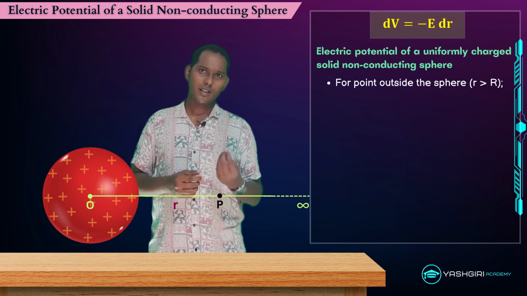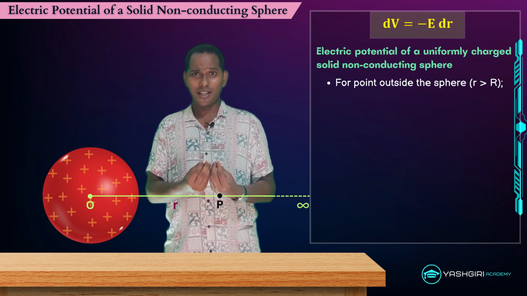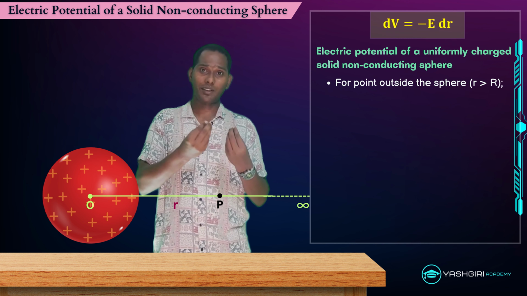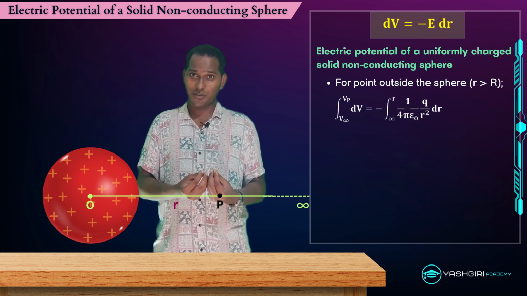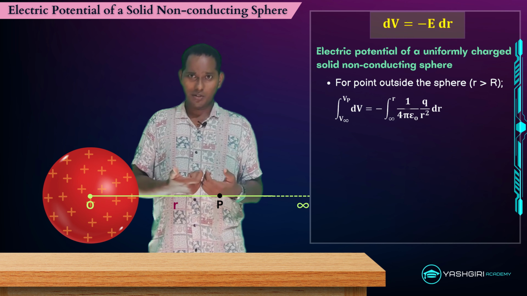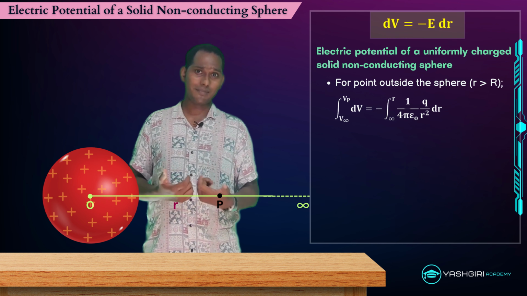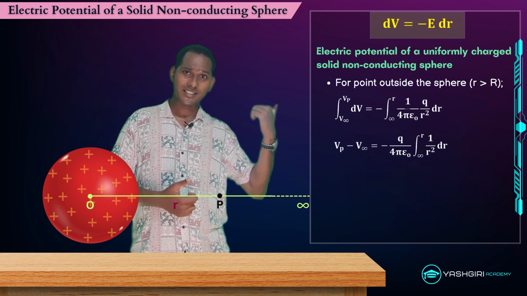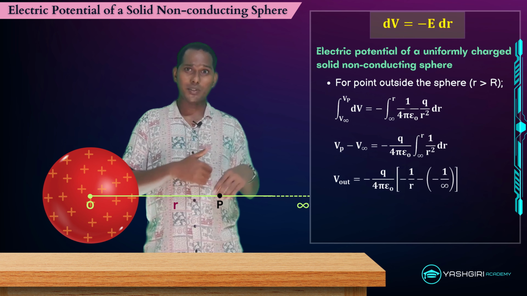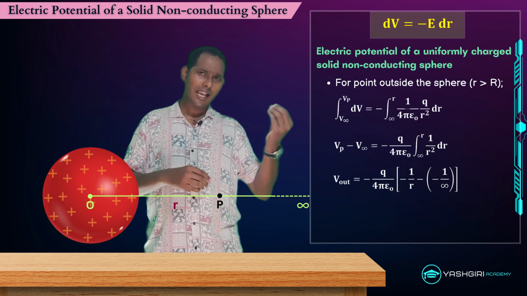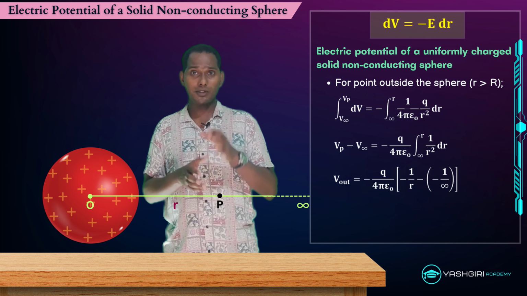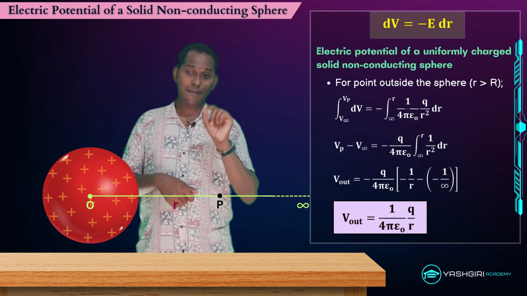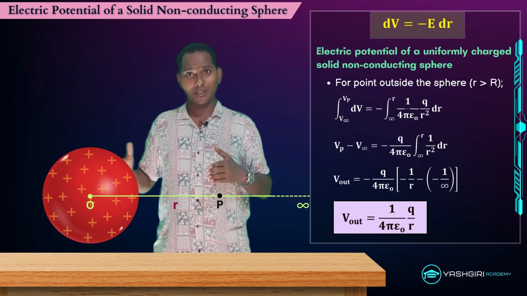Once again, the same steps we followed for the conducting sphere go here as well, because the electric field equation is the same. These are the steps you can see here. Once again, you take the integration, and when you do, you end up with the electric potential as 1/4 pi epsilon naught, the charge q, over the distance.